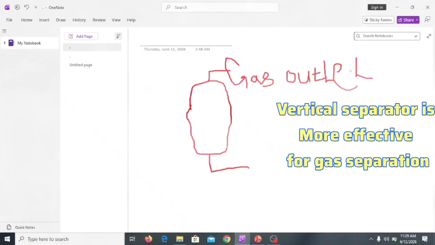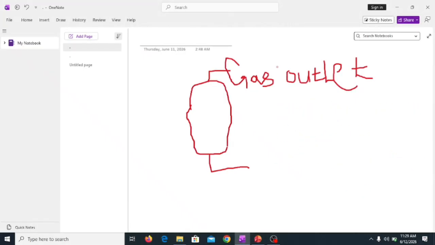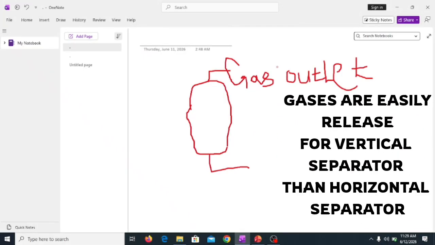So it's better for you to understand that if we use a vertical separator, it means we have much gas in our crude oil and we want to separate the gas from the crude oil. Gas releases more easily from a vertical separator than from a horizontal separator. I hope you understand that.